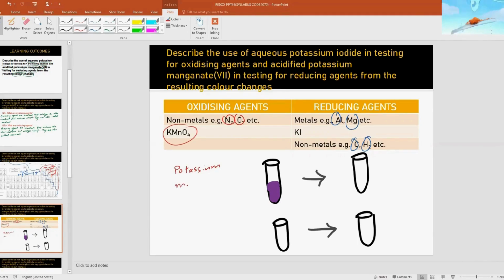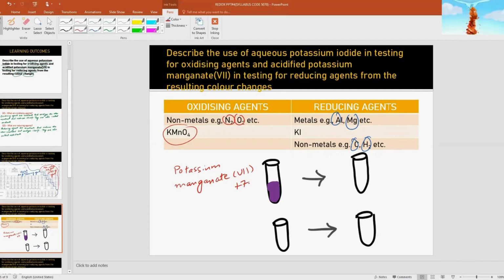The number in Roman numerals indicates that the manganate ion in this compound carries a +7 charge. You can see the test tube with purple color. It is potassium manganate(VII).